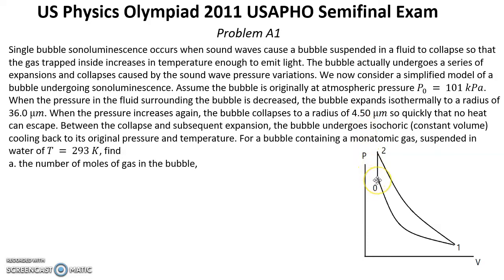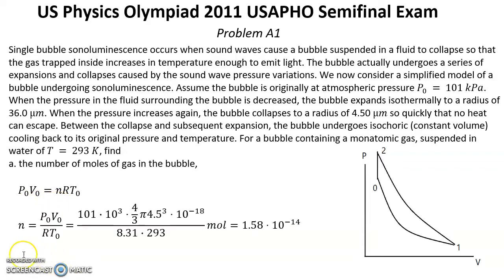So we know the volume in point 0, we know the temperature in point 0, and we know the pressure in point 0. From this data we can find the number of moles in this bubble. For that we use the ideal gas law. This is our equation.